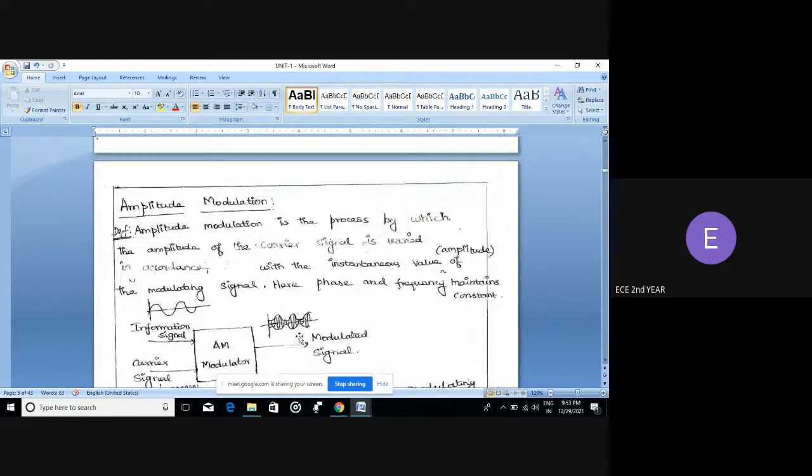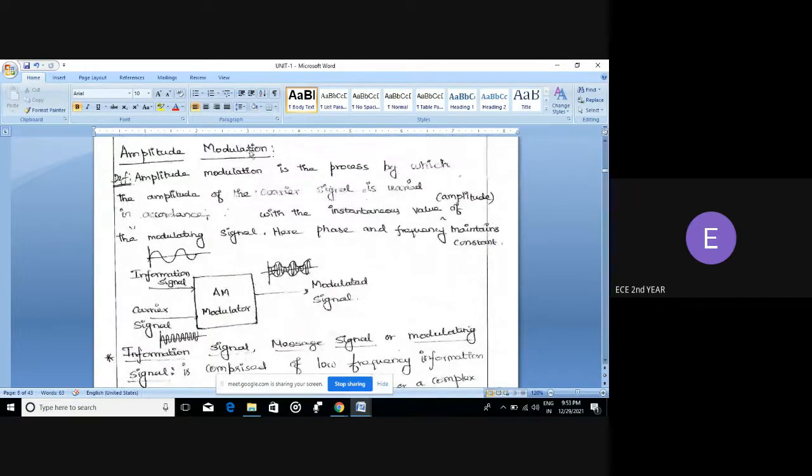Okay, fine. Next, we will see the first type of modulation that we call amplitude modulation. What is amplitude modulation? The definition for amplitude modulation is a process by which the amplitude of the carrier signal is varied in accordance with the instantaneous value of the modulating signal.